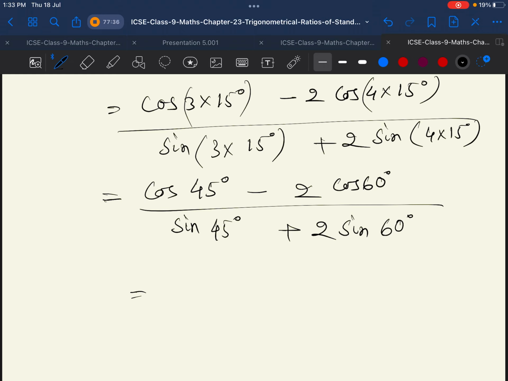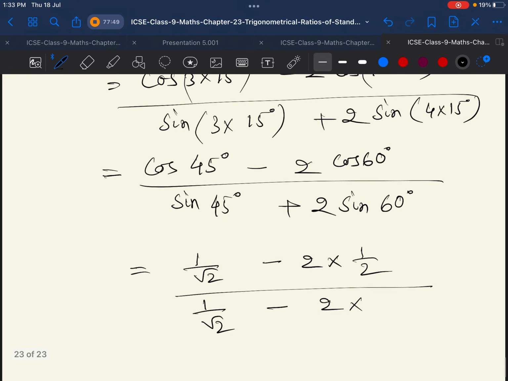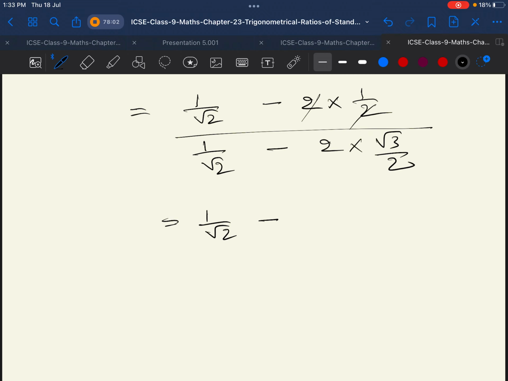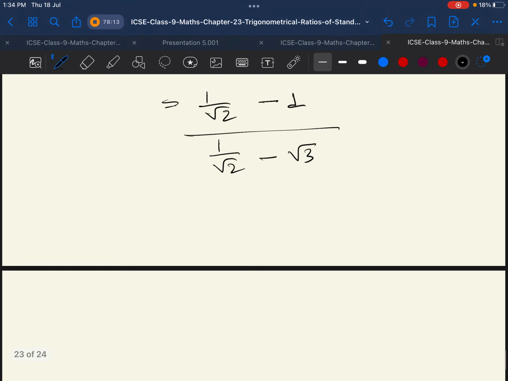Cos 45 degrees is 1 by root 2, minus 2 cos 60, we know 1 by 2, by sin 45, 1 by root 2, minus sin 60 is root 3 by 2. So now we simplify this term: 1 by root 2 minus 2, 2 cancel, this will be 1. And 1 by root 2 minus 2, 2 cancel, this is root 3.